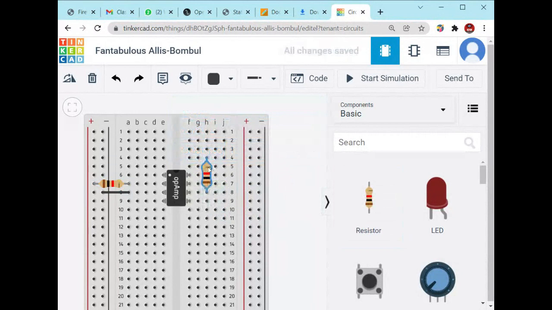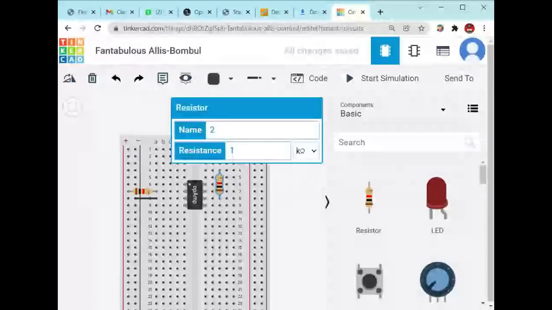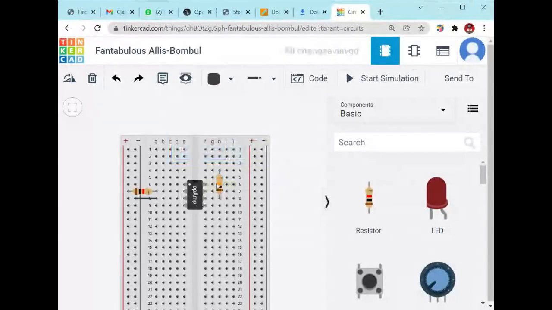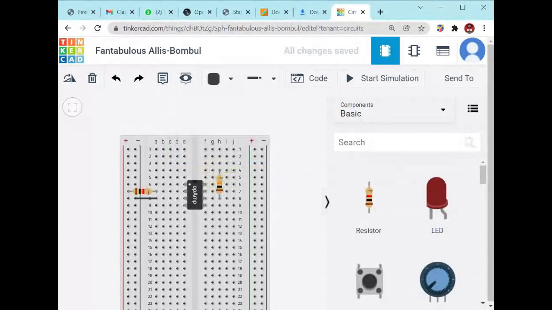This is the output. Click on this and select it to 10 kilo ohm. Again you have to connect this resistor back to the input.